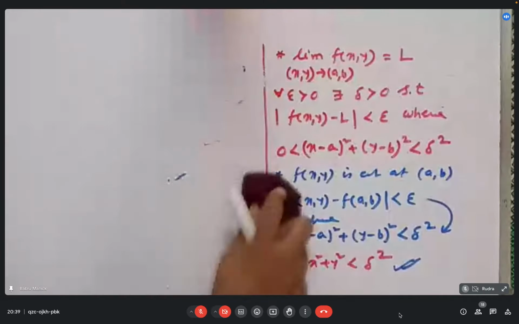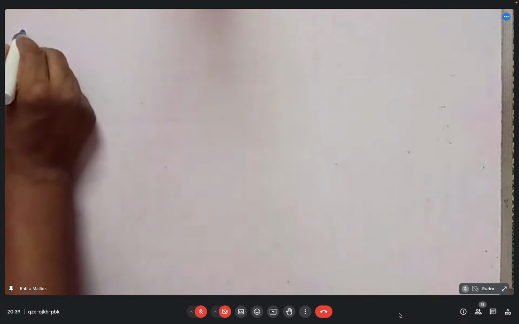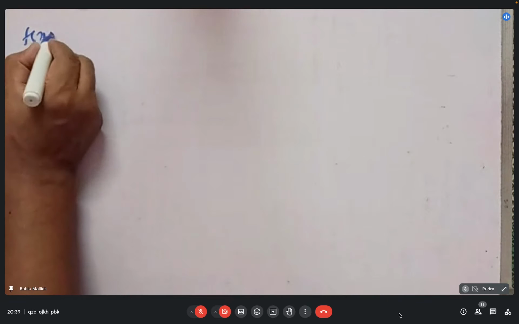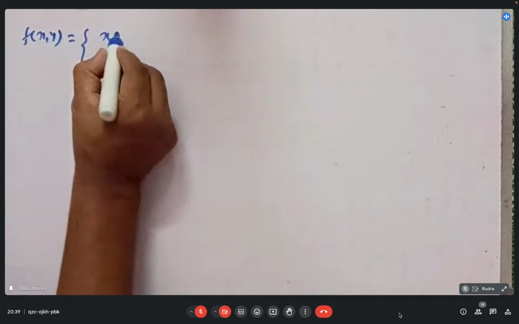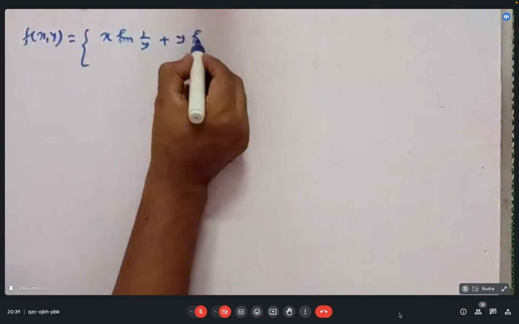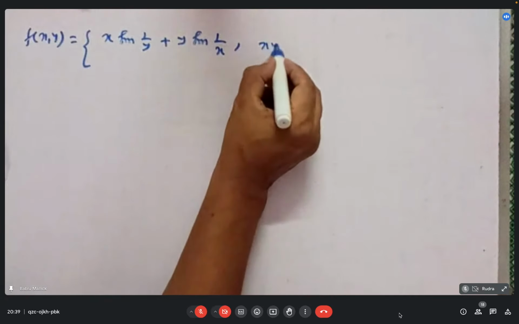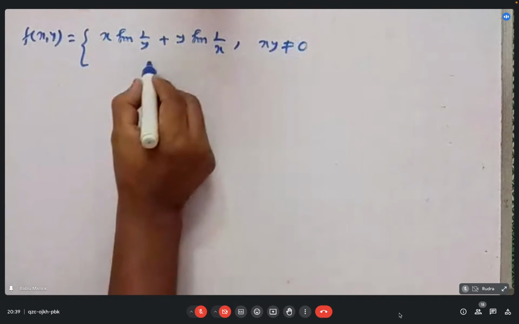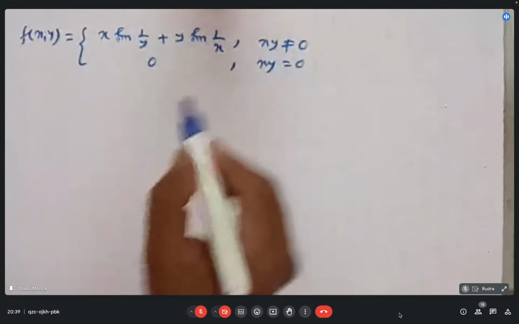So that f(x, y) is equal to x sine(1/y) plus y sine(1/x) when xy is not equal to 0, and this is equal to 0 when xy is 0.